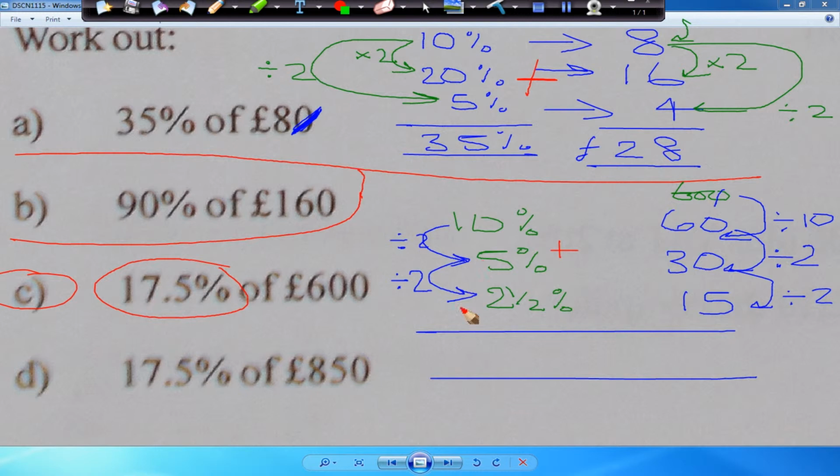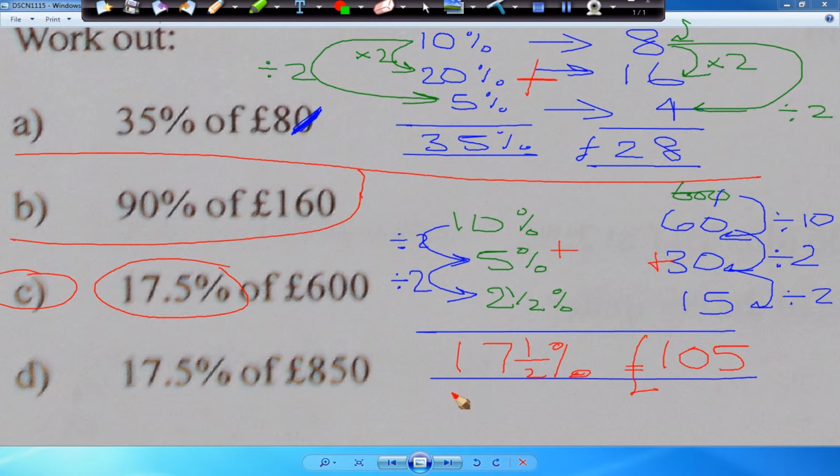Now 10% add 5% add 2.5% gives us what we need in the question, 17.5%. If you add all these up, 60 add 30 add 15 will give us 105. Oh, some wild answers here. Okay, £105. Is that question done?